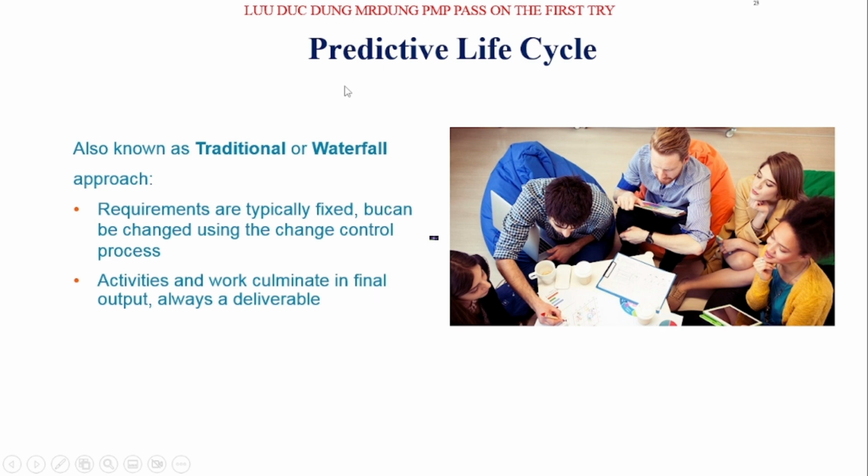So when we are clear about the output and the target of the project, we can use traditional waterfall, very clear for the result. In case we don't know the result of the project, we can use another method.